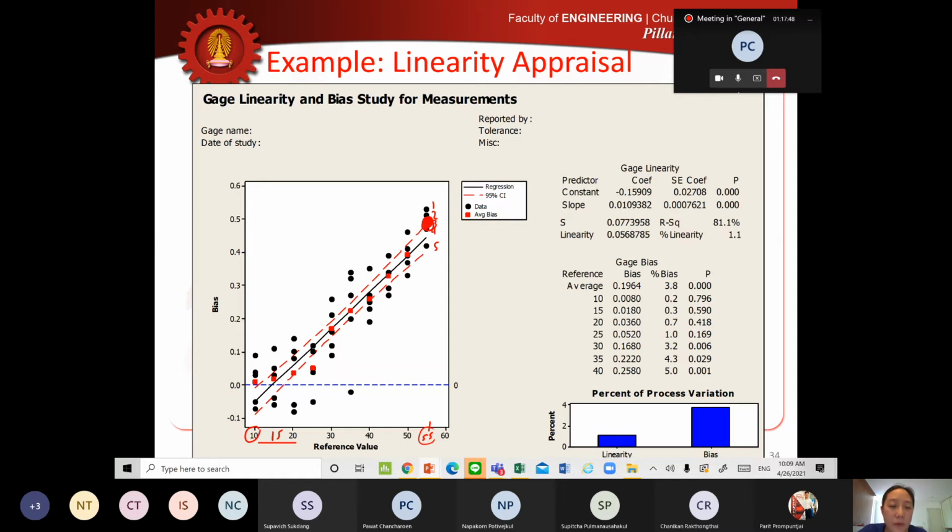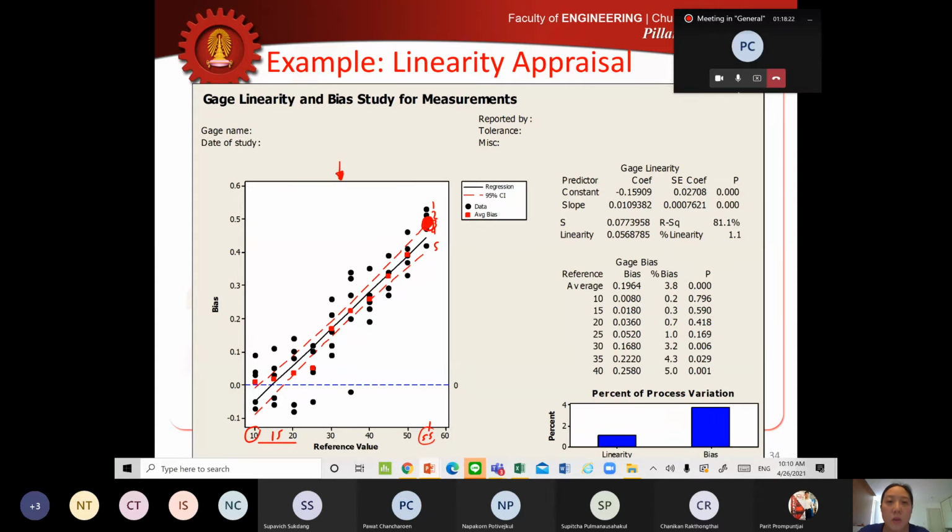With this relationship, what do you see? Do you think that bias has a relationship with the reference values or not? May I ask Supicha about this? Supicha, please take a look at this graph.